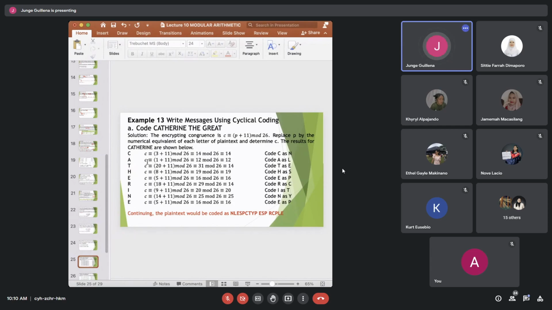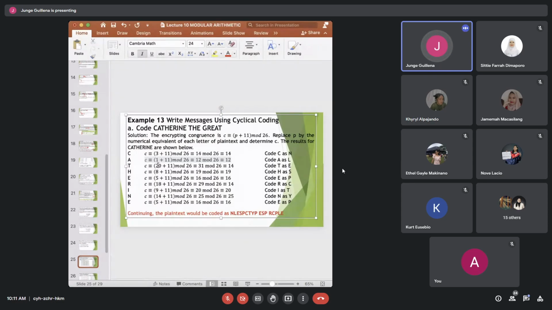For letter A, P is 1. So 1 plus 11 is 12. 12 modulo 26, the remainder is 12. So you code A as L, because L is the 12th letter, its numerical equivalent is 12. Then for T, T is 20.